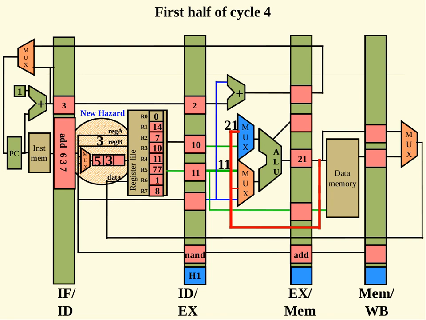I'm just calling them hazard 1, hazard 2. It's not just one piece of information here. It's multiple, because you need to know which mux you are selecting from and which pipeline register you are taking it from. These vertical bars are the pipeline registers. This guy is the register file.